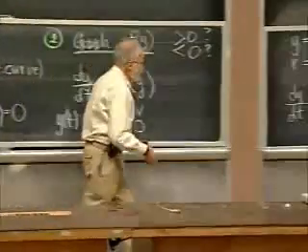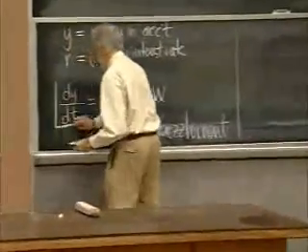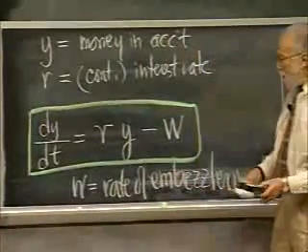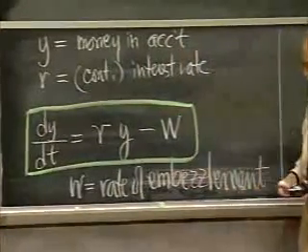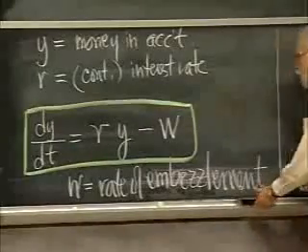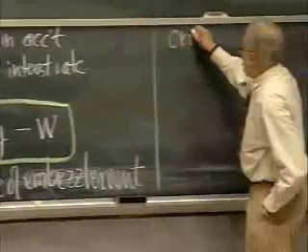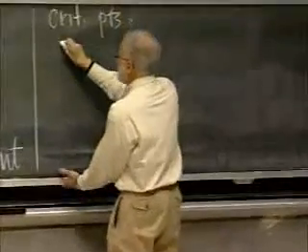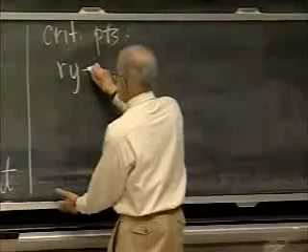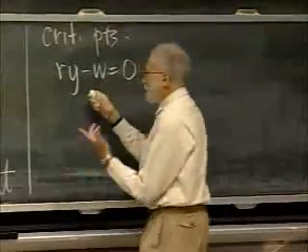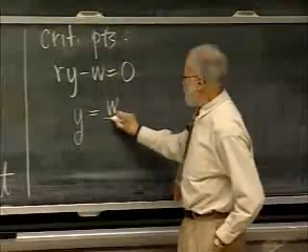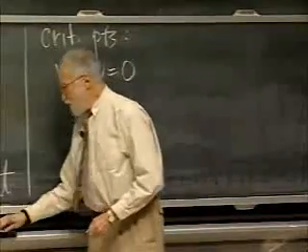So the first thing I should do, so here's our equation, is find the critical points. Notice it's an autonomous equation, because there's no t on the right-hand side. Okay, so the critical points are where ry minus w equals 0. In other words, there's only one critical point, and it occurs when y is equal to w over r. So that's the only critical point.